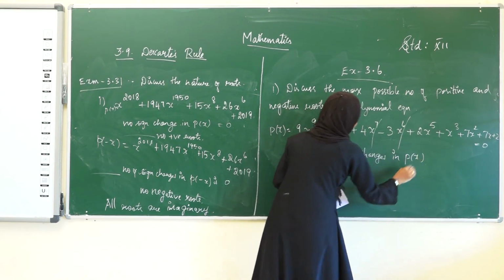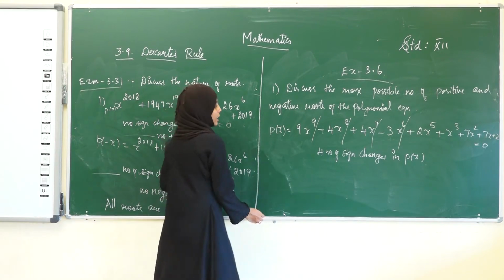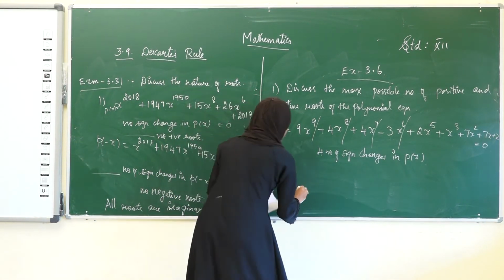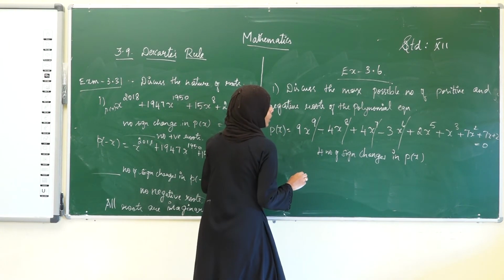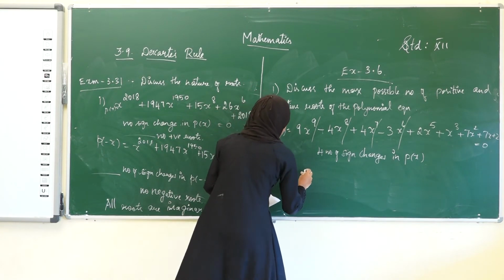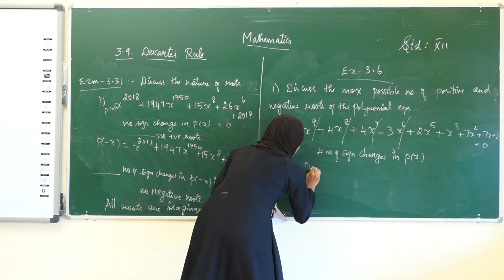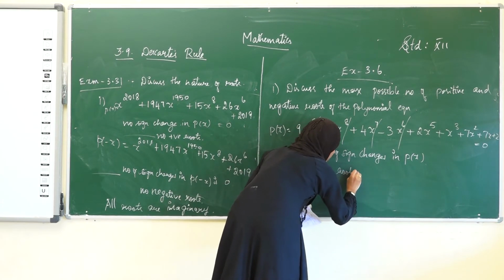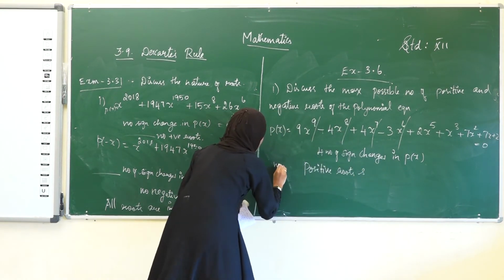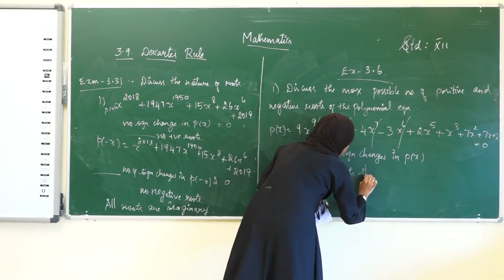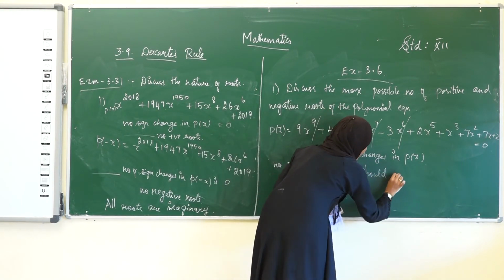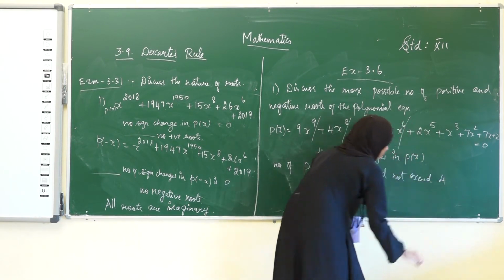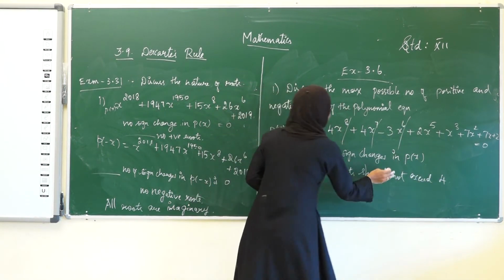Since there are 4 sign changes in p of x, the number of positive roots should not exceed 4. There should be at most 4 positive roots.